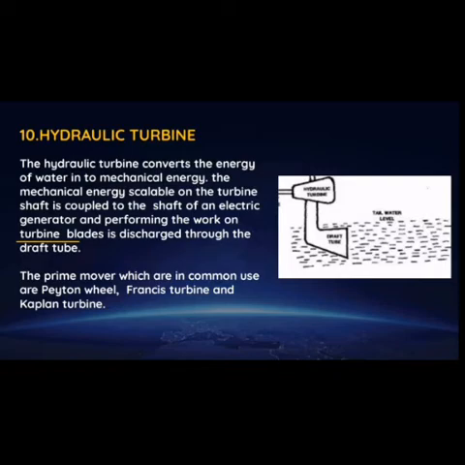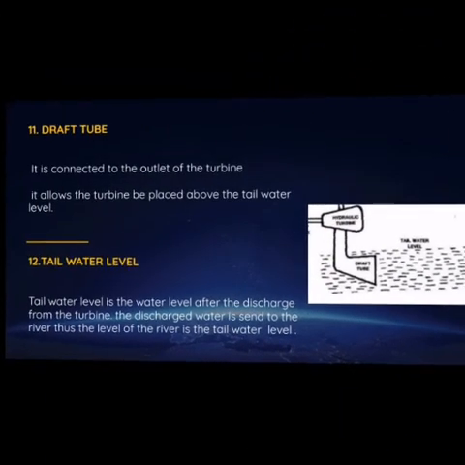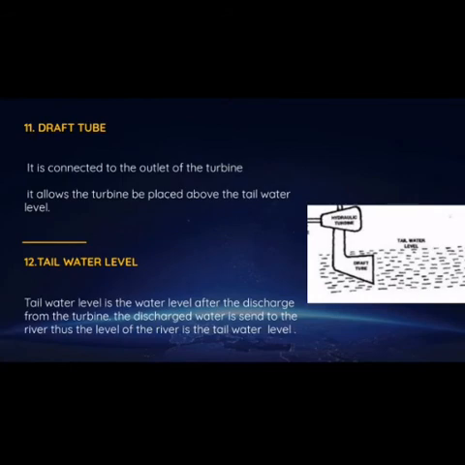Water from the turbine blade is discharged through the draft tube. The prime movers which are commonly used are Pelton wheel, Francis turbine and Kaplan turbine. And this is a hydraulic turbine.